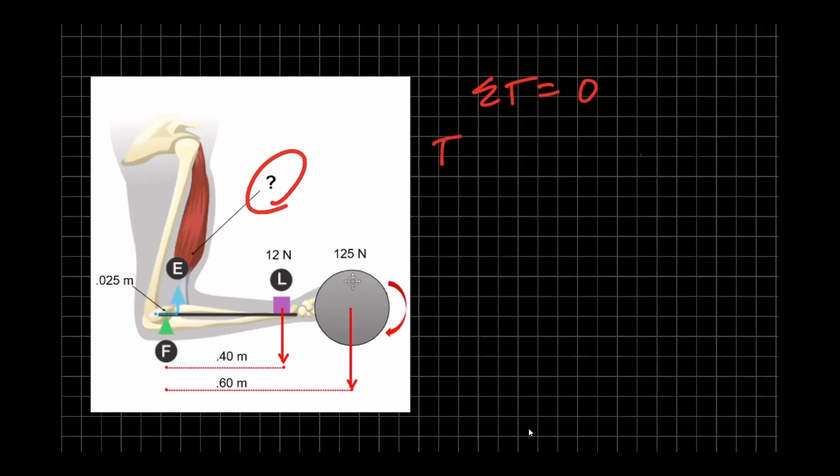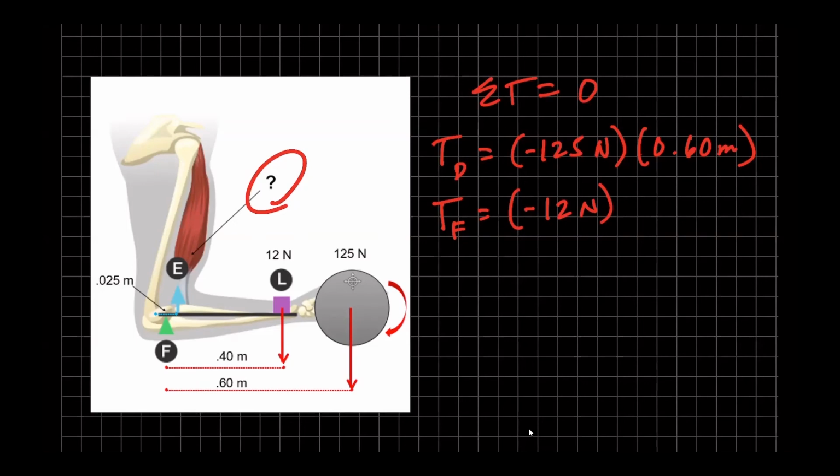So solve the torques for each respective weight. Should be simple. So the torque created by the dumbbell is negative 125 newtons multiplied by its moment arm, which is 0.60 meters. The torque created by the forearm, that's the weight of the forearm, it weighs 12 newtons, or negative 12. Remember, it's negative because weight is in the negative vertical direction.